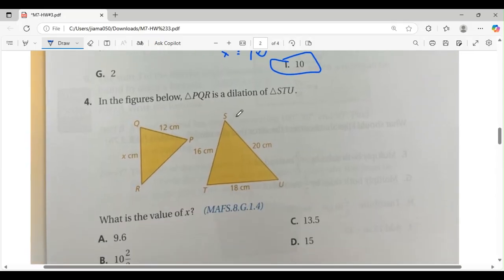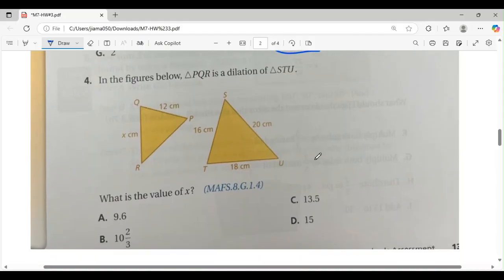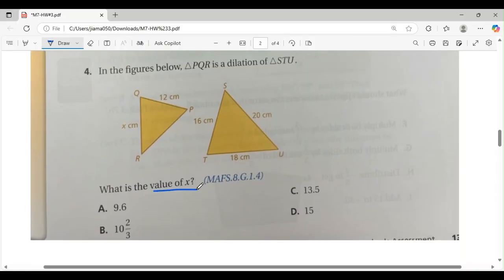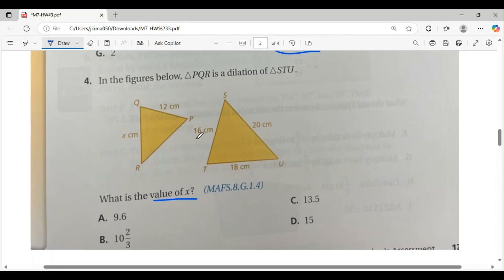Number 4. In the figures below, triangle PQR is a dilation of STU. What is the value of x? So we can find that ST is the shortest side of triangle STU.